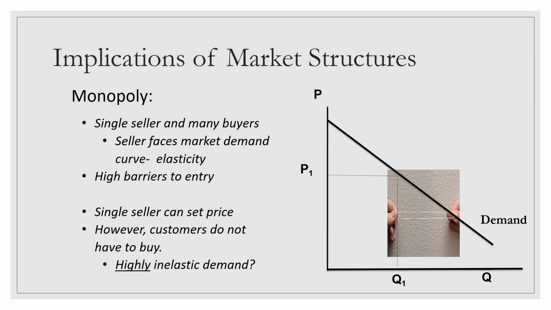Now, there certainly are some products that have very highly inelastic demand. That is, you raise the price and people's choice for, say, life-saving drug therapies. If the price goes up, there isn't an awful lot of choice for most people. They either pay the higher price or they don't get the drug and their health condition deteriorates rapidly.